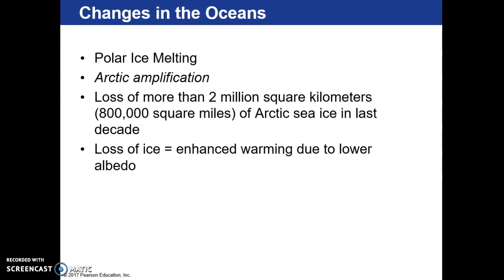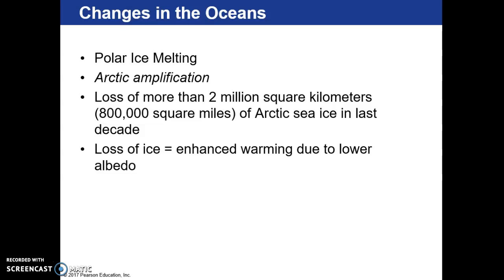So what we see with this polar ice melting is what's called Arctic amplification. We have lost more than 2 million square miles, or 2 million square kilometers, of Arctic sea ice in the last decade. That loss of ice has meant enhanced warming due to, and it has been a long time since we've talked about this, the lowering of the albedo.